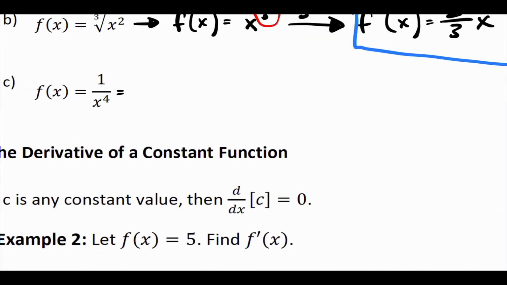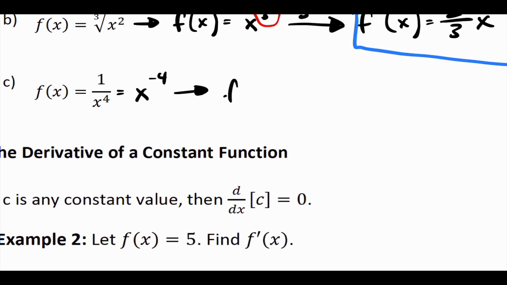How can I write that without a division sign? There you go. Move it upstairs. If you move it upstairs, we can't finish with a negative, but it's useful because it's easy to use the power rule, you have to have a power.